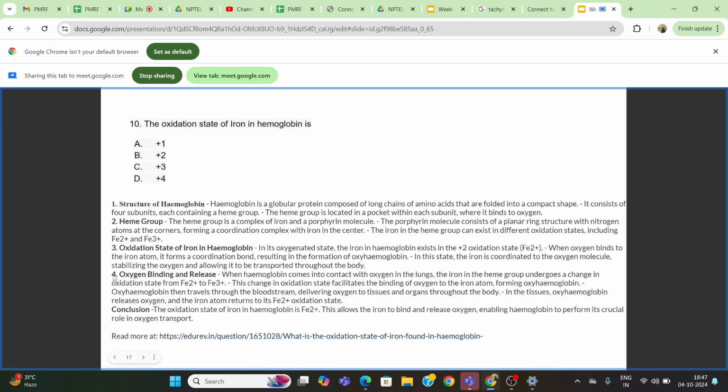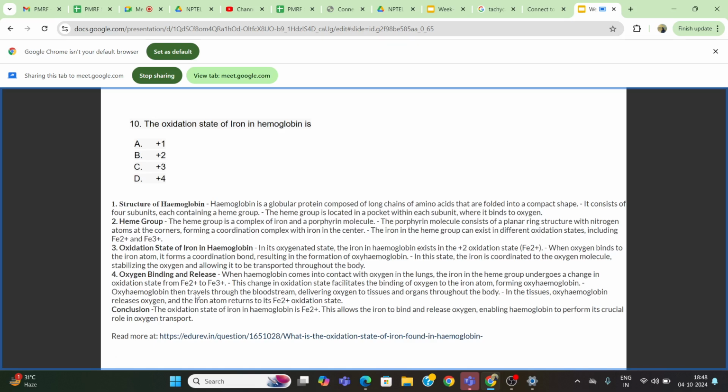Now oxyhemoglobin is there, and when blood wants to release it to the tissue, what will happen? Whenever hemoglobin comes into contact with oxygen in the lungs, iron in that group undergoes a change in oxidation state from +2 to +3. So +3 oxidation can be seen only in the lungs part.